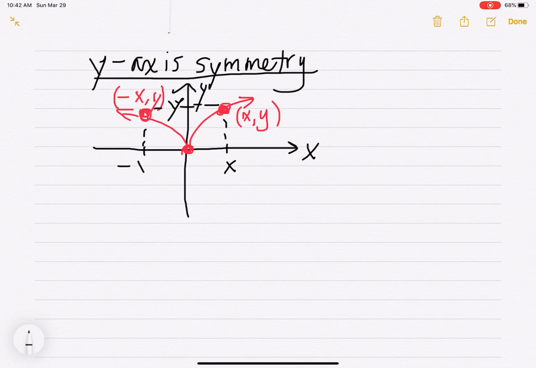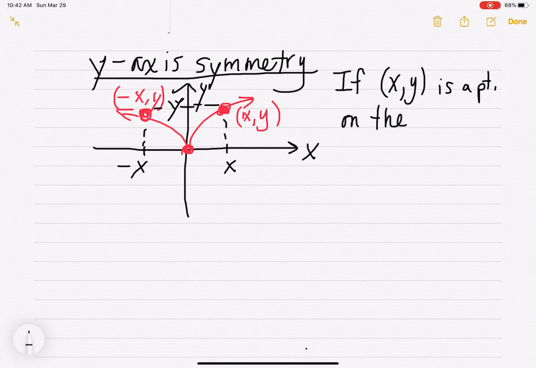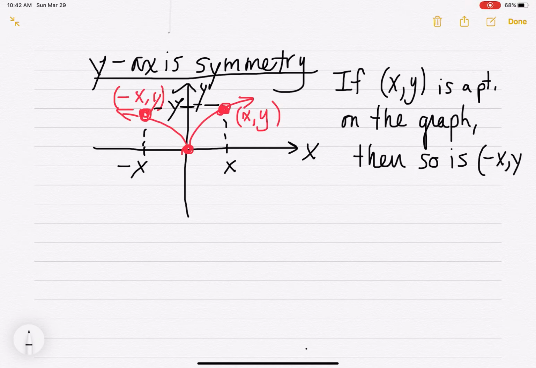So really the key here for y-axis symmetry is if (x, y) is a point on the graph, then so is (negative x, y). That's for y-axis symmetry. If (x, y) is there, (negative x, y) is there. Very key. So we want to hold that fact. Don't lose that fact for y-axis symmetry.